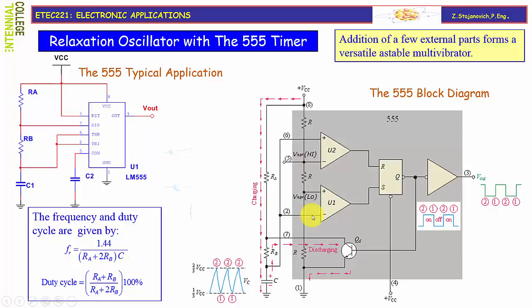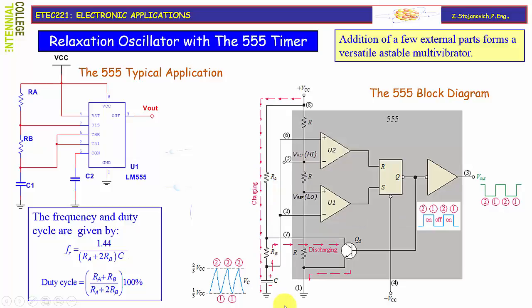This discharging condition will last until the voltage across the capacitor drops below the low reference voltage. Then U1 will go high and set the flip-flop. Setting of the flip-flop will bring output Q inverted low again, and the transistor will switch off. When it switches off, the new charging cycle starts again.